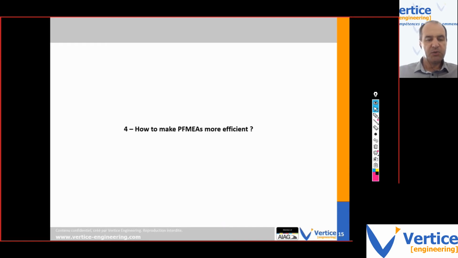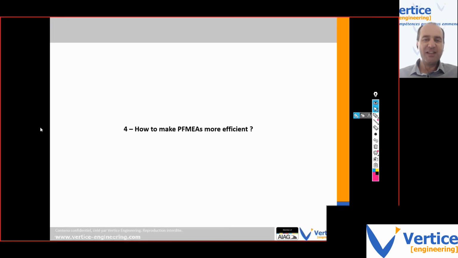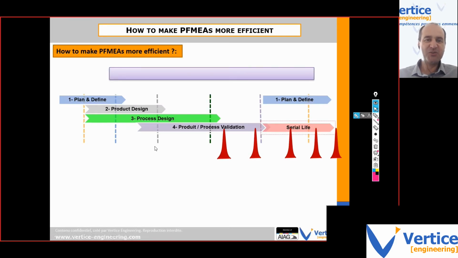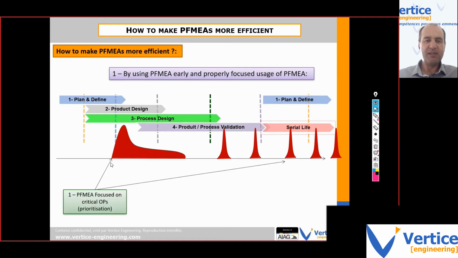Okay, so it's clear that Process FMEA is a tool that takes some time. In Process FMEA, as we said, we have many lines that have to be analyzed. So it's a lot of work. So one way to make it very efficient is, of course, to use it as soon as possible.